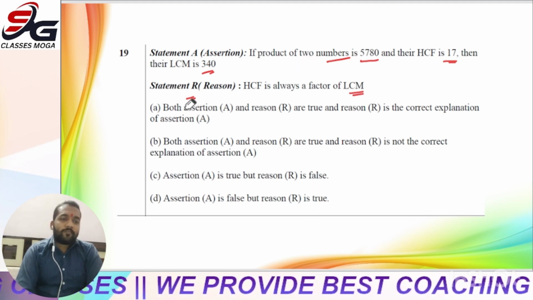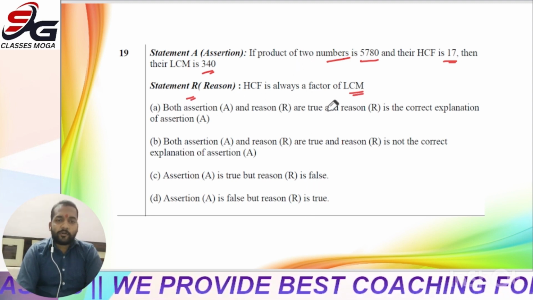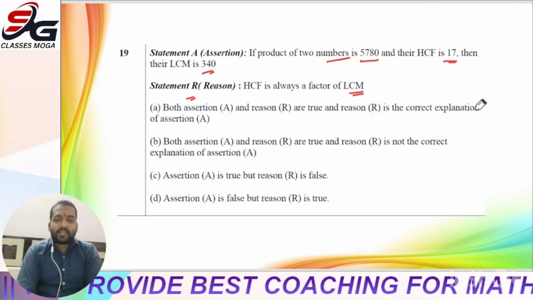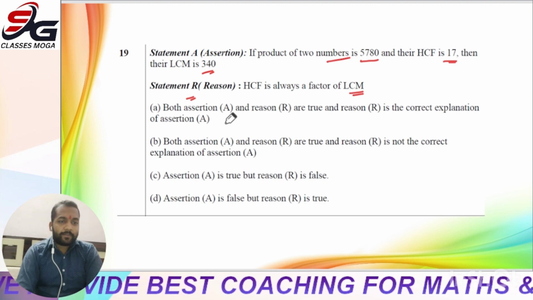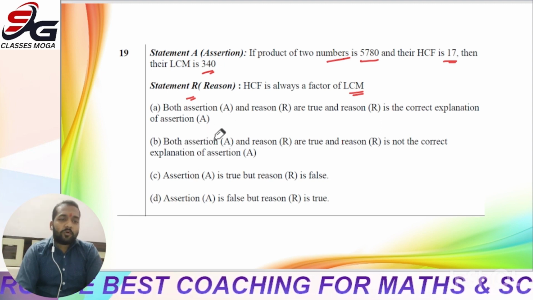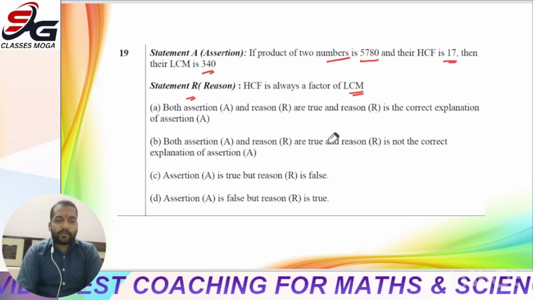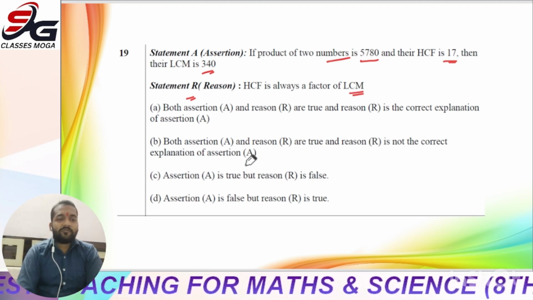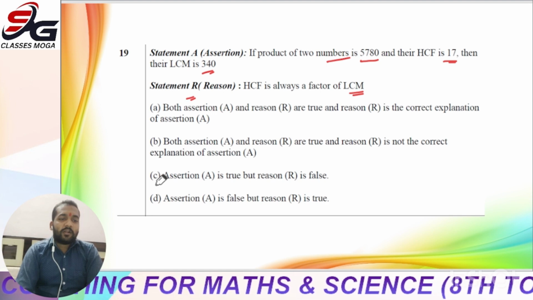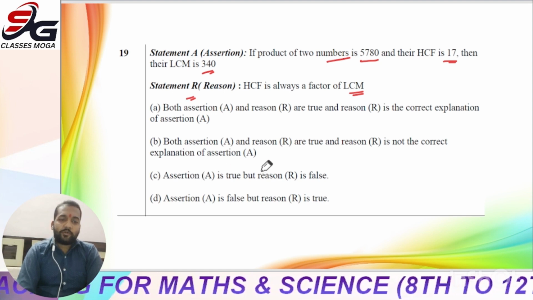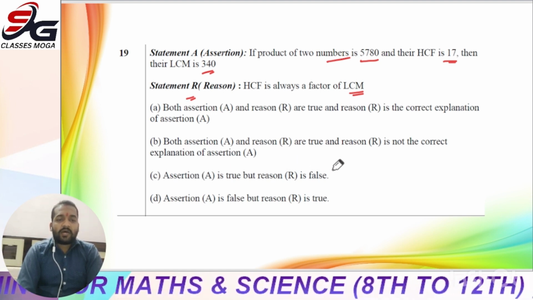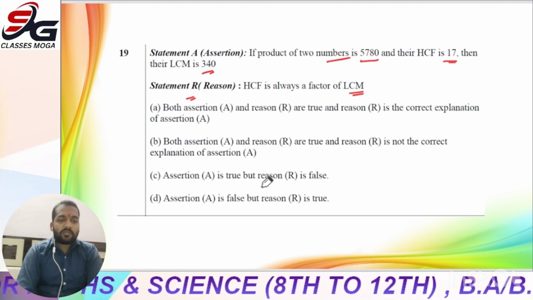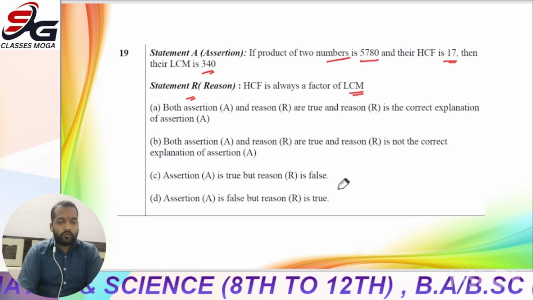So options are: A, both assertion and reason are true, and reason R is the correct explanation of assertion A. B, both assertion and reason are true, and reason R is not the correct explanation of assertion A. Third option is assertion A is true but reason R is false. Option D is assertion is false but R is true.